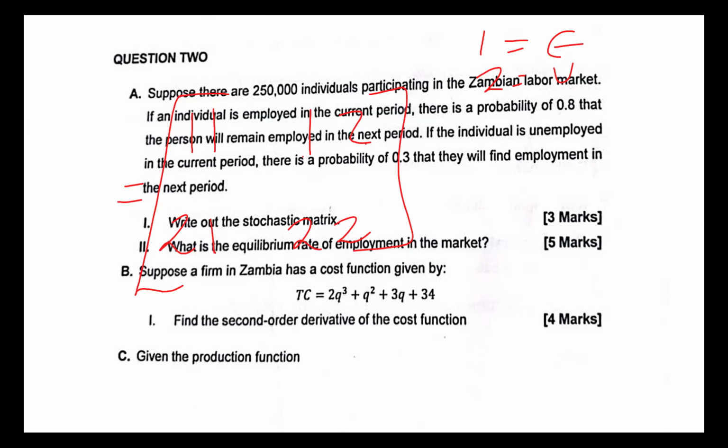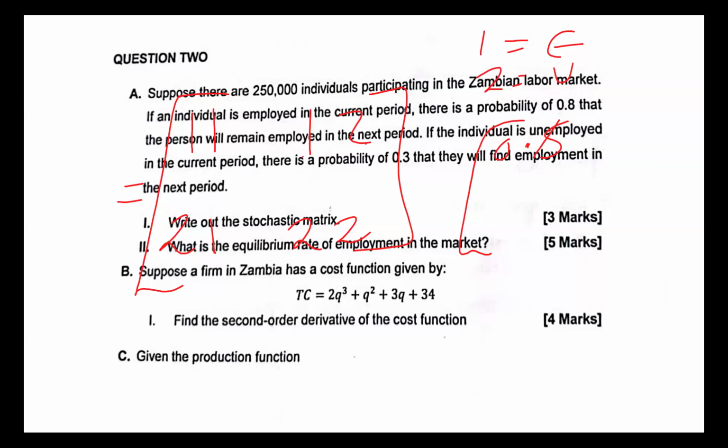There is a probability of 0.8 of employed. If the individual is unemployed in the current state, there is 30% that they will find employment. Unemployed, then employed.